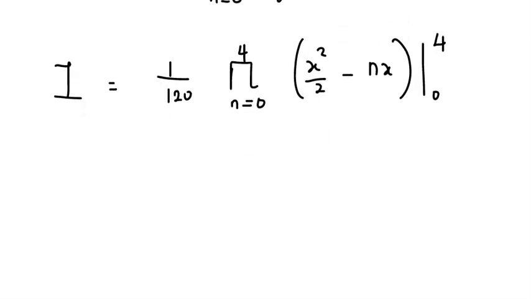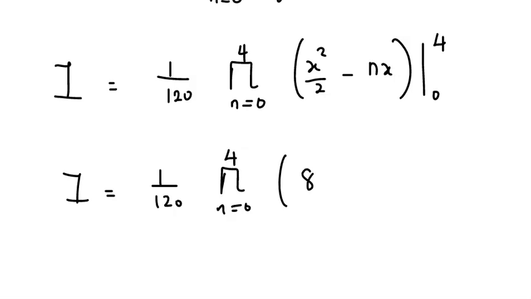So we're going to put in our upper limit, but no need for the lower limit, because inserting the lower limit turns everything to 0, right? So our I is equal to 1 over 120 multiplied by the product as n goes from 0 to 4. With the upper limit, we get 4 squared divided by 2, that will give us 8, right? Minus 4 times n. So this is our product.